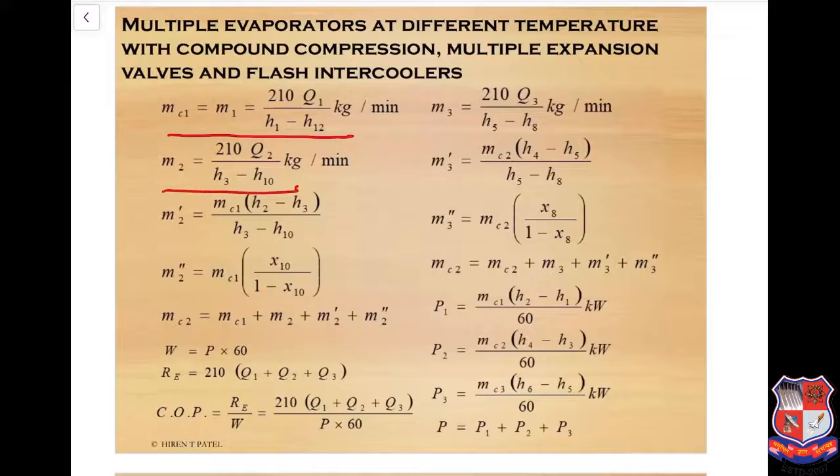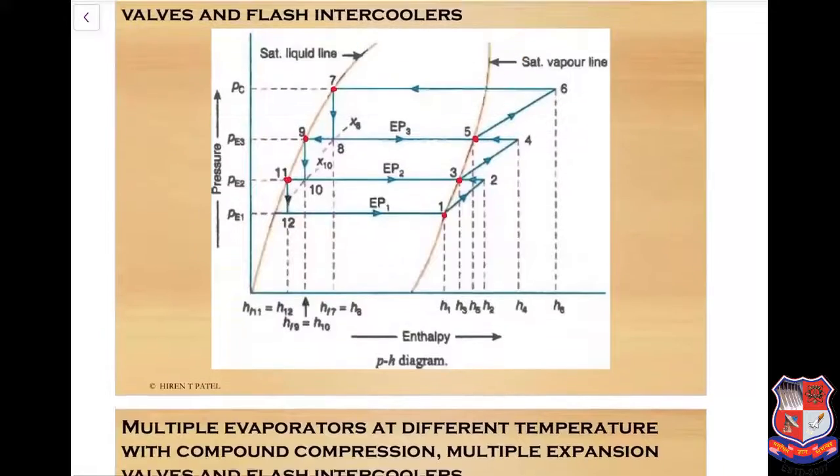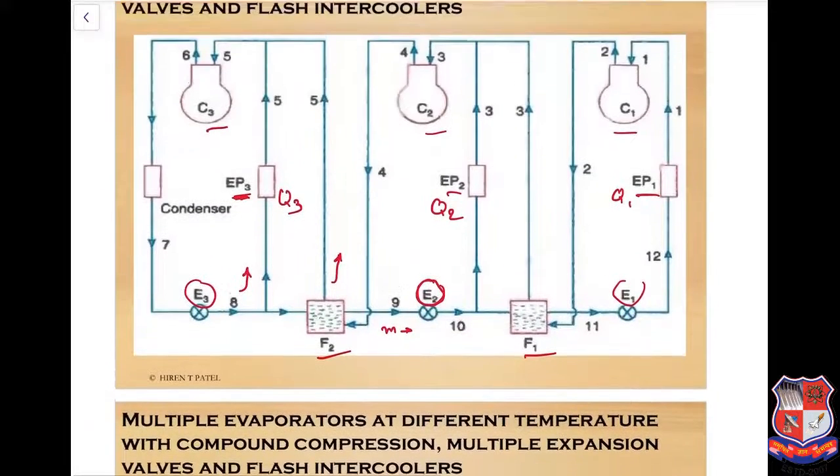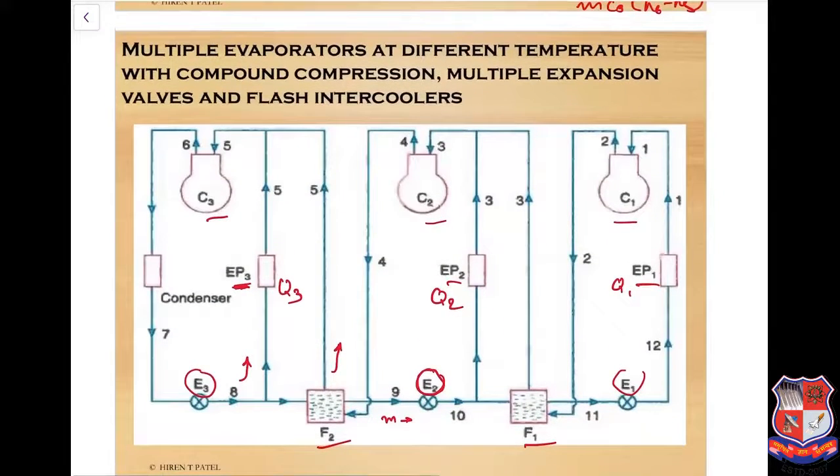M2 will be 210 Q2 upon H3 minus H10, that is the mass of liquid refrigerant passing through the evaporator, and M2 dash is the vapor generated by the mass after expanding inside expansion valve 2, which is directly circulated to the second compressor.